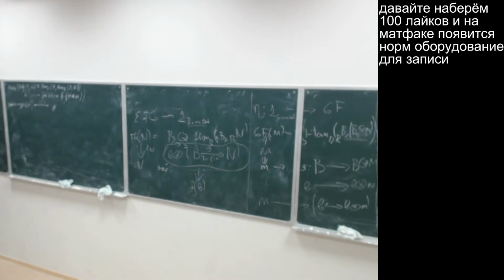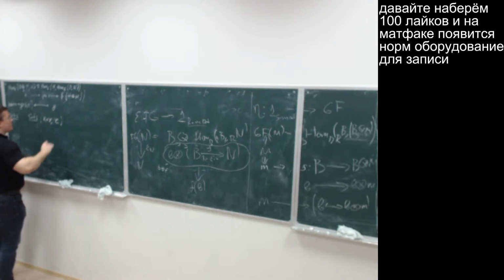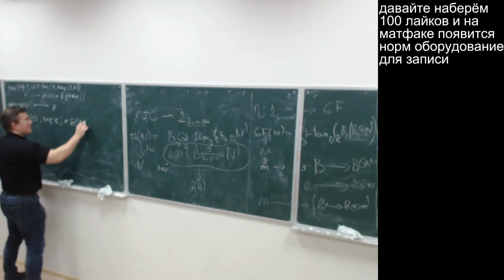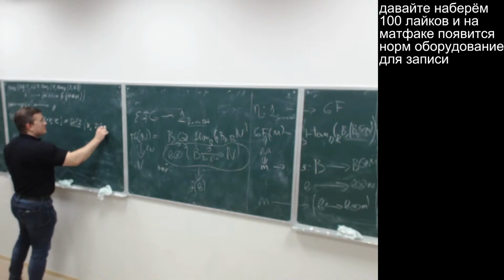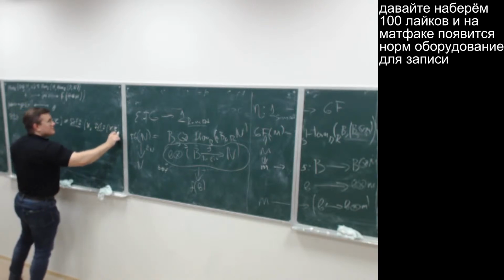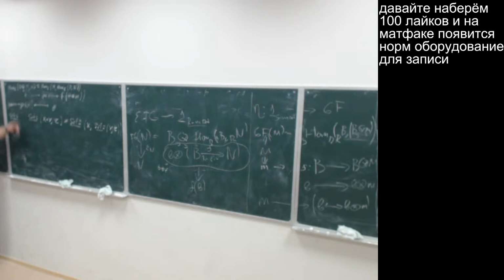I just want to say that this formula has plenty of variations. For example, the easiest version of this formula is just for sets. We have three sets, say X, Y, and Z. Take the product of the two sets, X and Y, and map it to Z. This is the same as maps from X to the maps from Y to Z. What is the cross product?